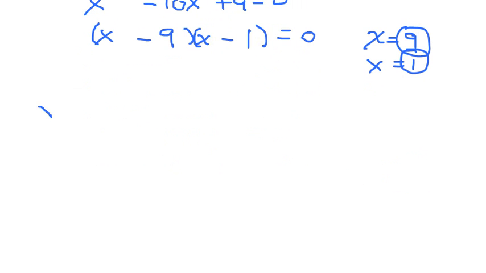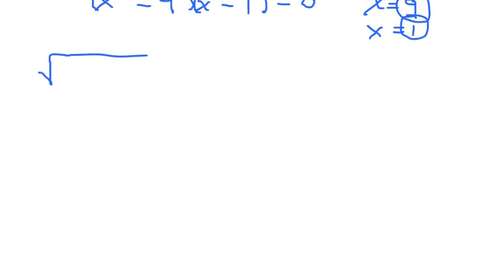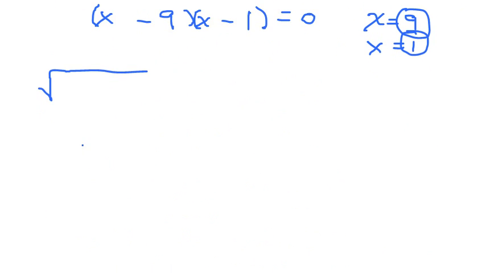Check it. We've got the square root of 2 times, let's go ahead and check the 9 out. 9, we're plugging that into our original equation, minus the square root of 9 is equal to 2.